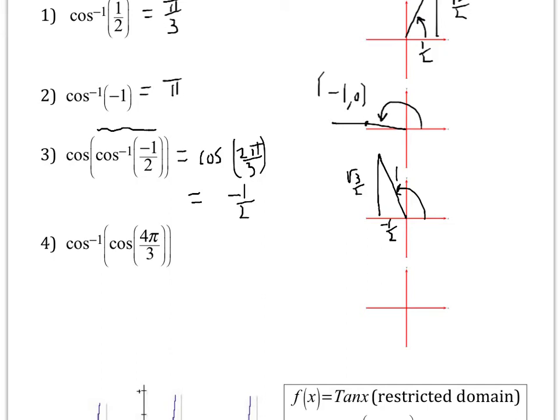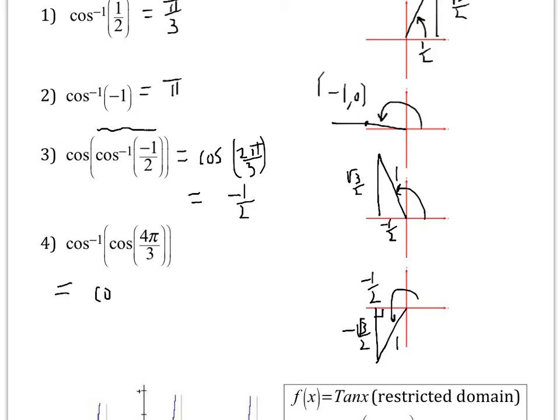Let's look at this last one. We first find the cosine of 4 pi over 3. Let's see, where's 4 pi over 3? Over here someplace? So this angle, 4 pi over 3, is like this. This is negative radical 3 over 2. This is 1. This is negative 1/2. So what's the cosine of that angle? Isn't it negative 1/2?